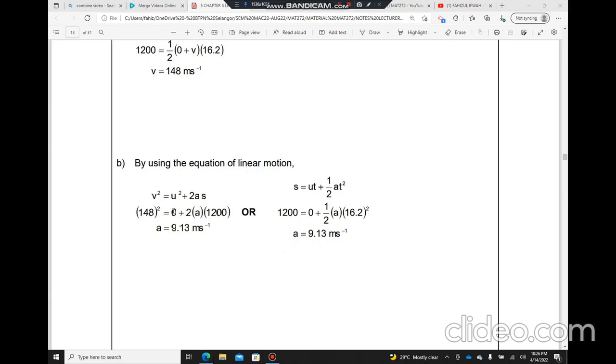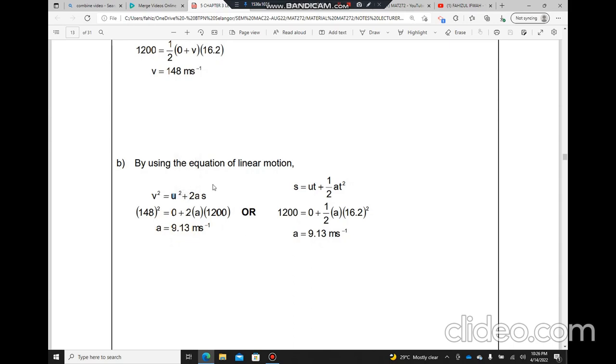Okay, so if you use this one, V square equals to U square plus 2AS, means V kita dah dapat daripada soalan A, 148 square. So U dia, sebab dia from rest, okay, so U equals to 0 plus 2A, A we need to find, and then S, 1200. So you get A equals to 9.13.